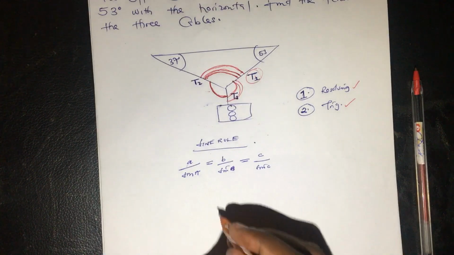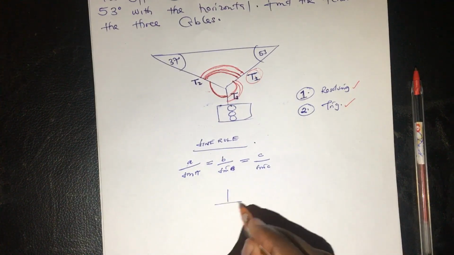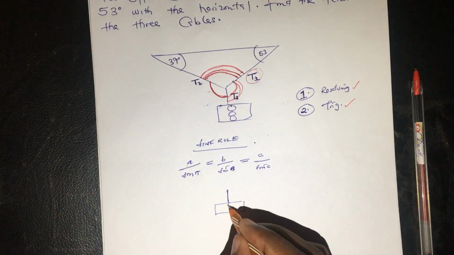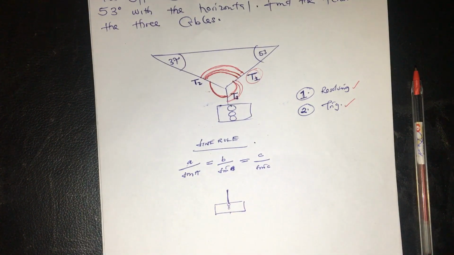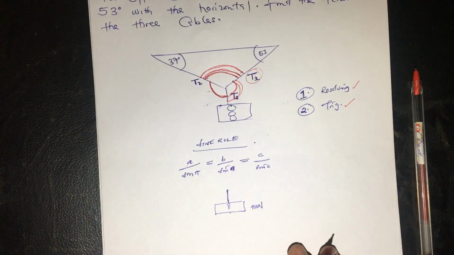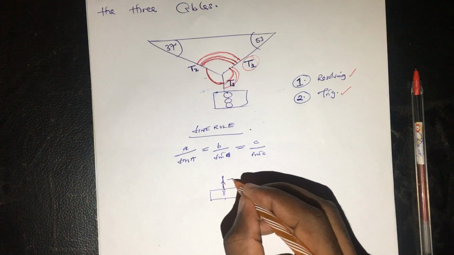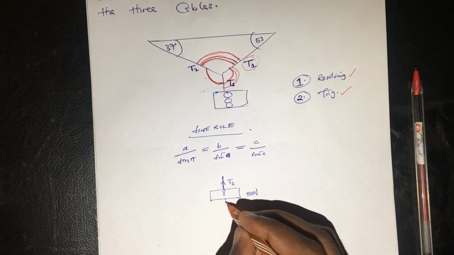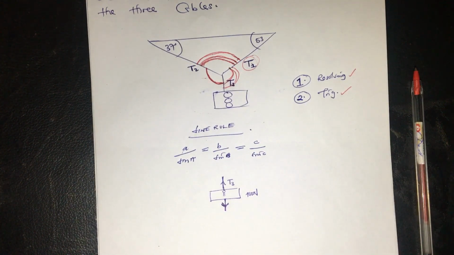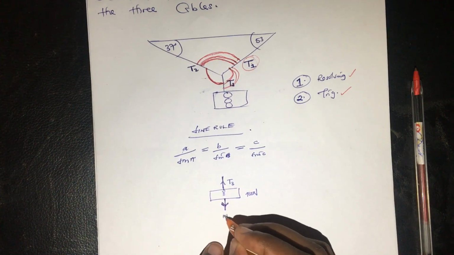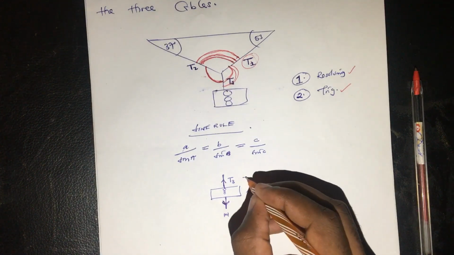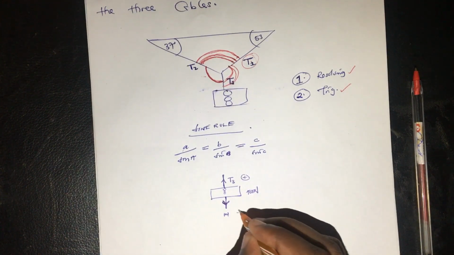We draw a free body diagram. This is a traffic light, weighing 100 newtons. Then this is our T3. Then there is a downward pulling force, which is the weight. This is a positive force, this is a negative force.